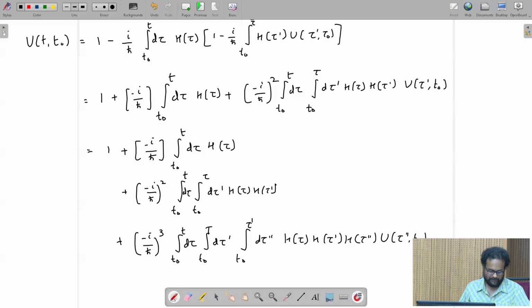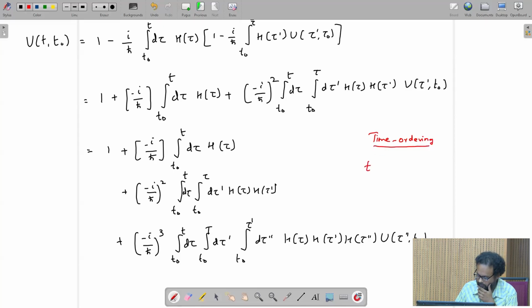Not really solving anything, but a very important aspect in solving this equation is that there has to be what we call time ordering.